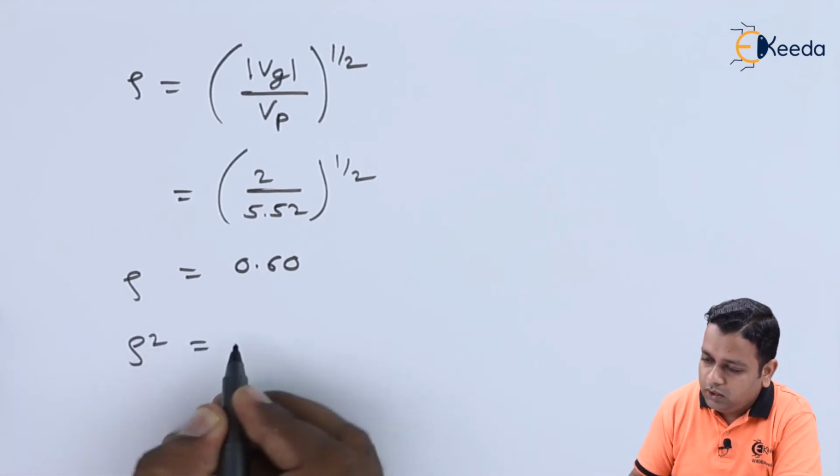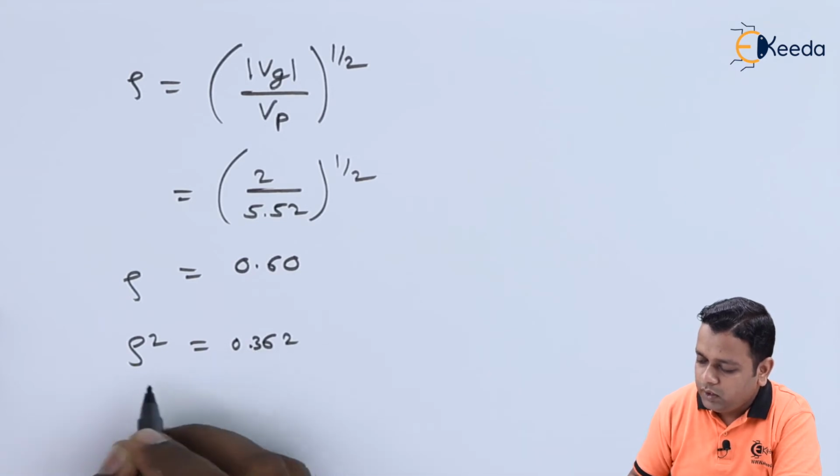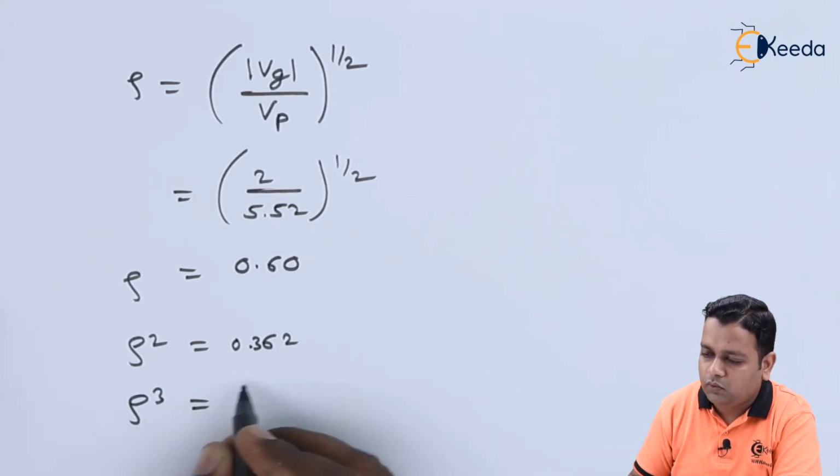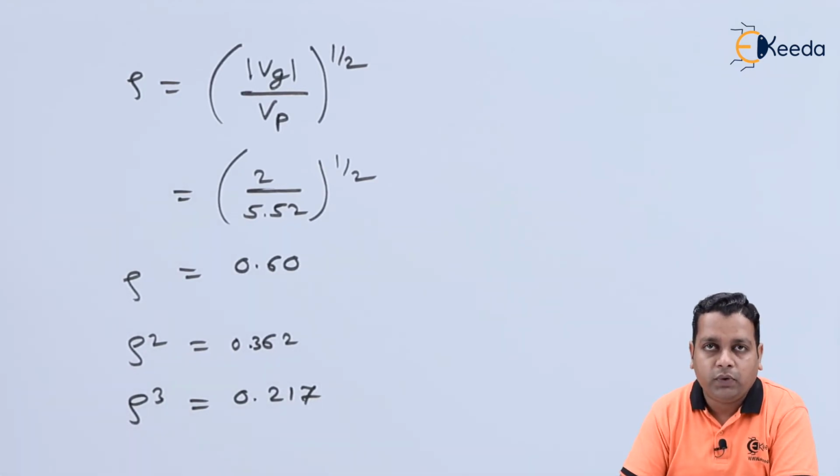Therefore rho square is equal to 0.362 and rho cube is equal to 0.217 we have obtained. So making use of mu square, mu cube, rho square, rho cube, we proceed.